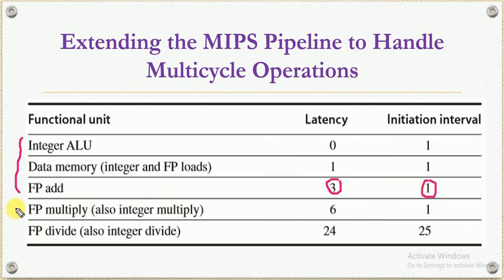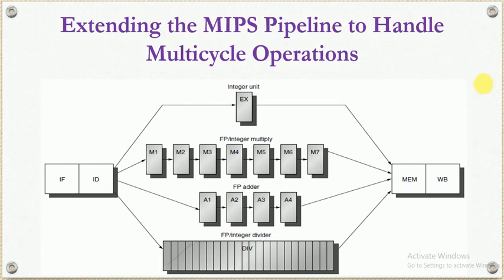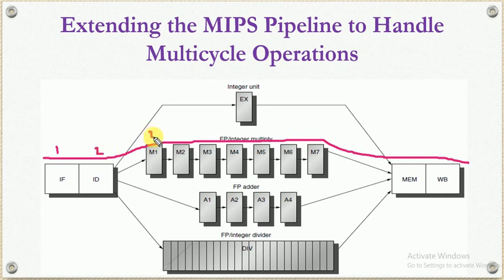Now, when we look at FP multiplication or integer multiplication, which path will be followed? This path will be followed for integer or floating point multiplication. First clock cycle, second clock cycle, then 3, 4, 5, 6, 7, 8, 9, 10, 11.